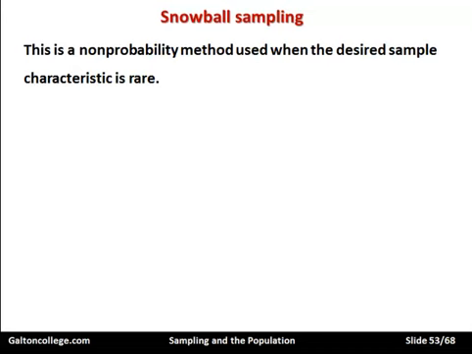So it's snowballing, and it's picking up opinions in that way. It may be, as I said, extremely difficult or costly to locate respondents in certain situations, because they're not a big part of the population.